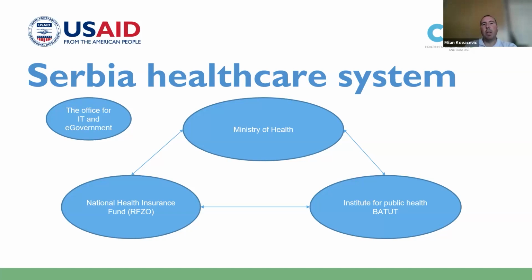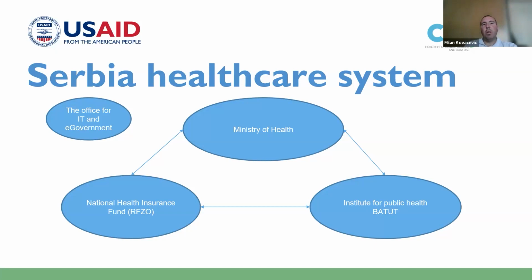So basically, healthcare facilities are making invoices every month, and based on that, they're getting money from the National Health Insurance Fund. The Office for IT and e-government provides hardware and software support at the national level.